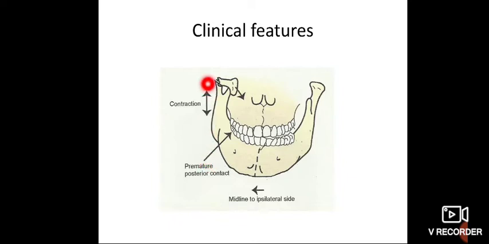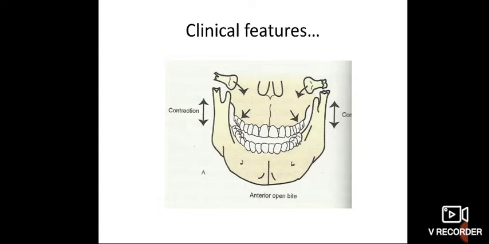So there will be decreased ramus height on the same side. Midline is shifted to the same side. There will be premature contact of the teeth because of the contraction, and then opposite side open bite. This is the one diagram which depicts all the clinical features of unilateral condyle fracture.